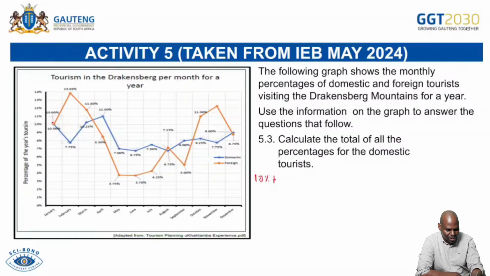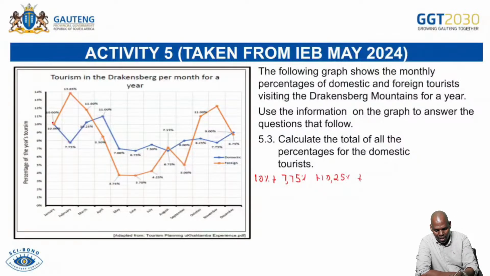And then it's plus the second one, 7.75%. And then the next one is 10.25%. And then after 10.25, it's 11%. After 11% is 7%. And then after 7% is 6.75.